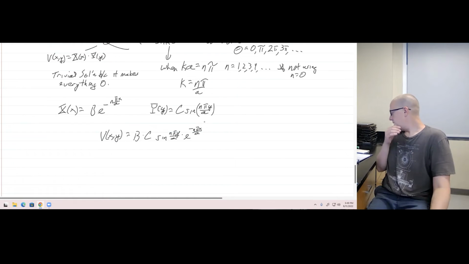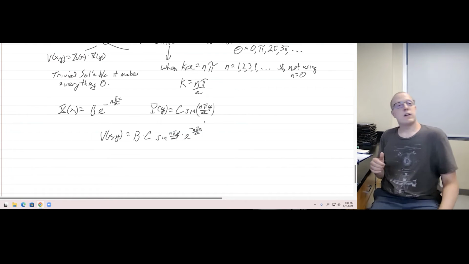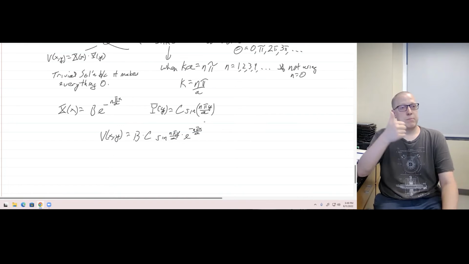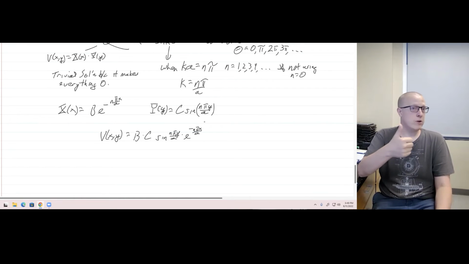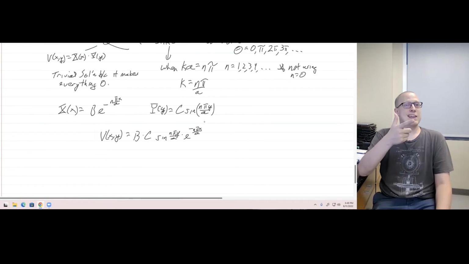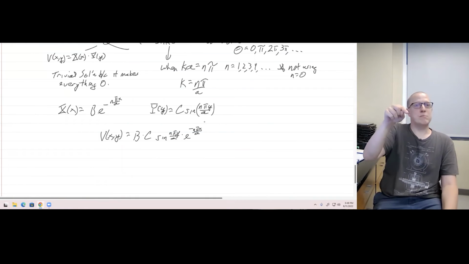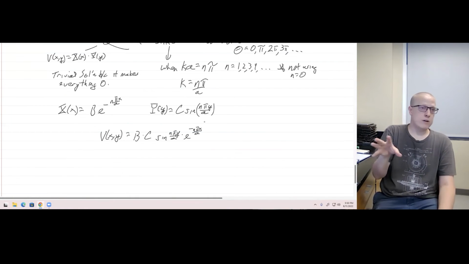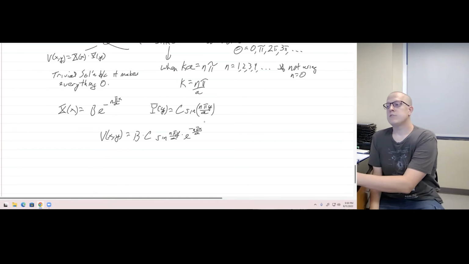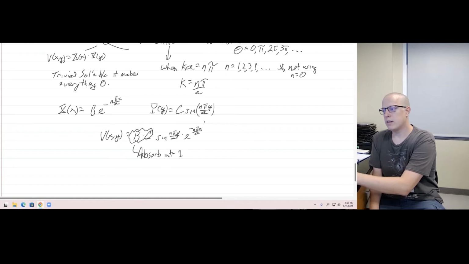And so now b is just a made up arbitrary constant. We have no idea what b is. C is a made up arbitrary constant. We have no idea what c is. And so b times c is also made up. I have no idea what b times c is. So since all of this is made up, we're just going to absorb them into one arbitrary constant.